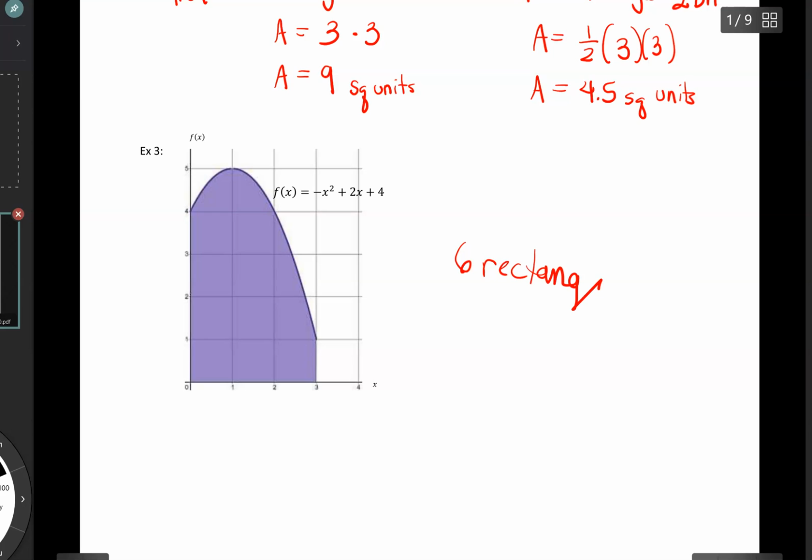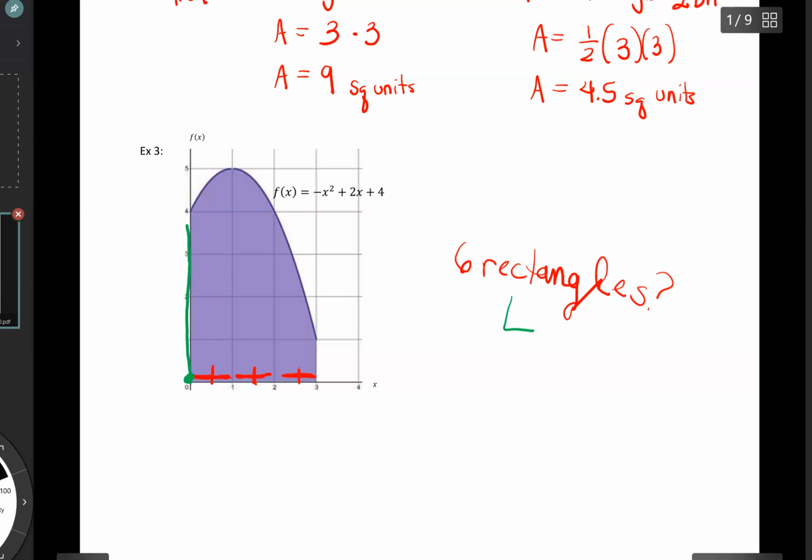You don't have to write this down because I'm going to show you on Desmos in a minute. But I arbitrarily chose 1, 2, 3 rectangles. But what if I cut those in half? And now I'm going to use 6 rectangles. And I'm just going to go from the left. So if I did that, what would that look like?